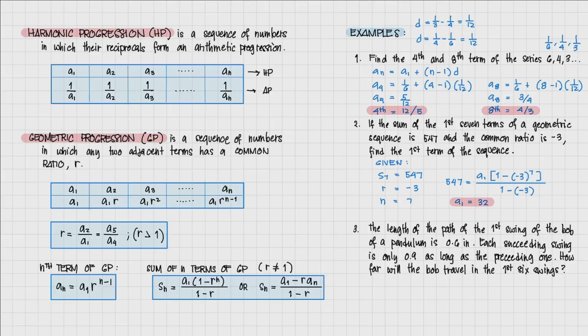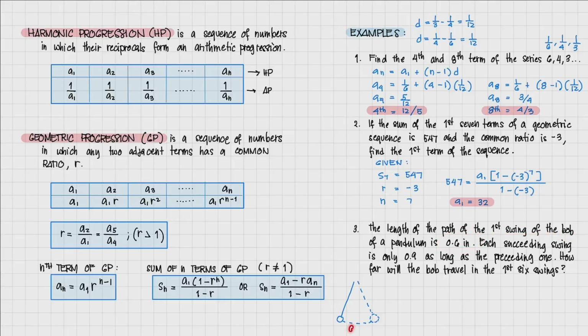From the problem, let's visualize this first. We have our pendulum here, and it will swing out like this. From the problem, the first swing of the bob of the pendulum is 0.6 inch, right?